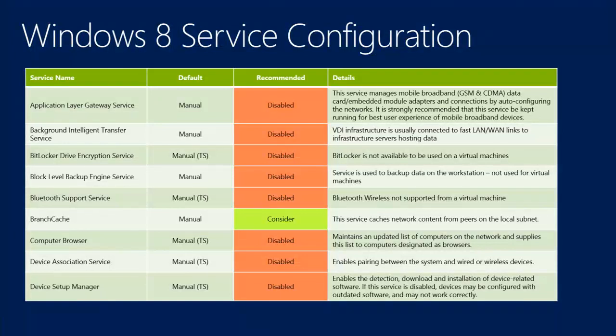Where it says to disable, that's a strong recommendation that you should be disabling that service, even if it is identified as manual or manual with a triggered start. Also, when it says consider, you should consider disabling that service when it's something that you don't use in your environment. Branch cache, for example, may or may not be something of importance.